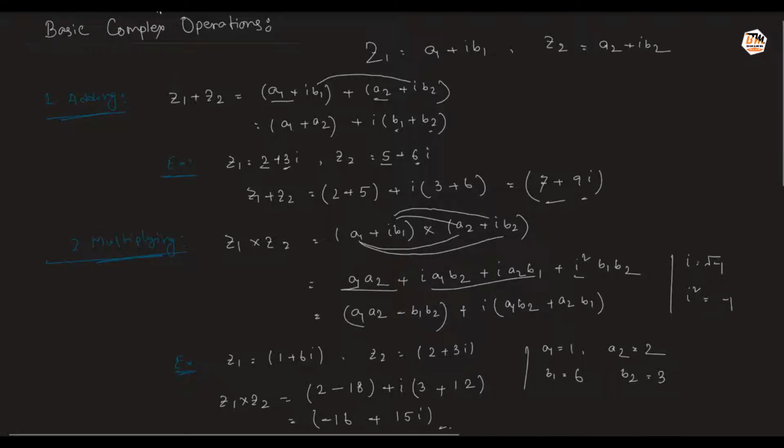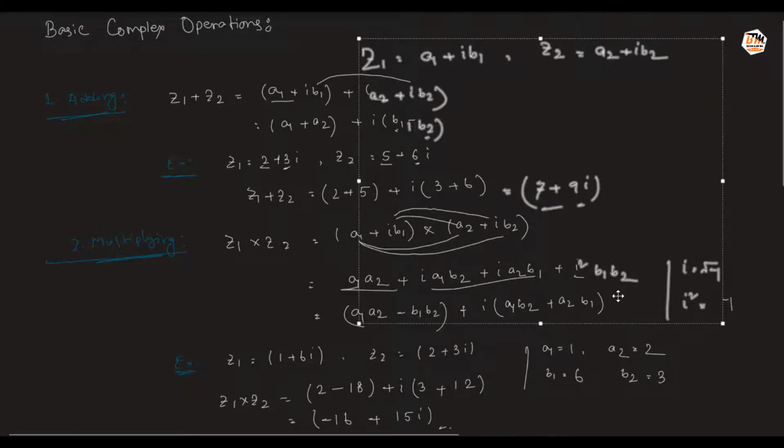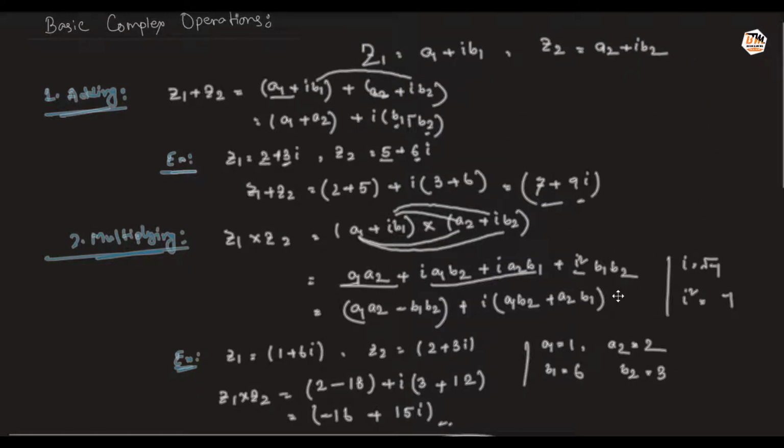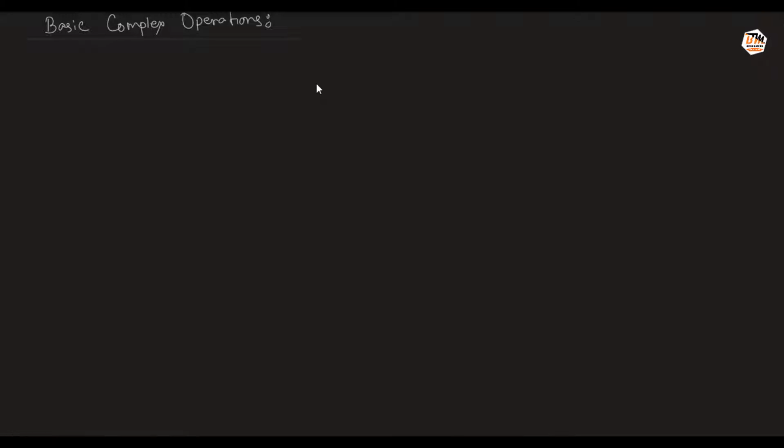So now we will do dividing. For dividing, we need to know just one thing. Just a minute, let me clear our board. So what is a conjugate? A conjugate is where we change the sign in the middle of a complex number.